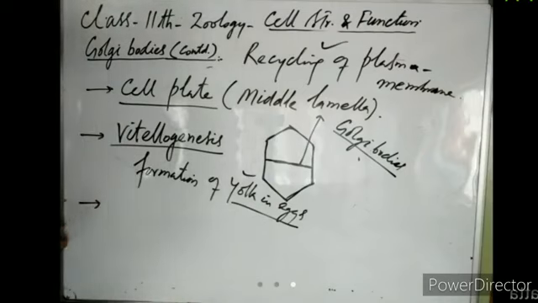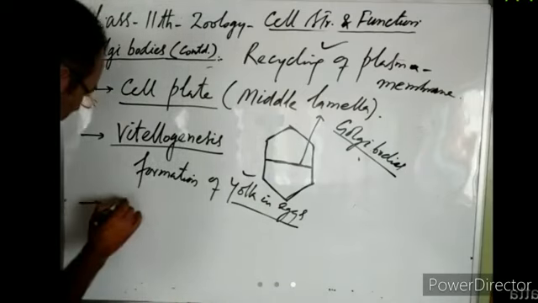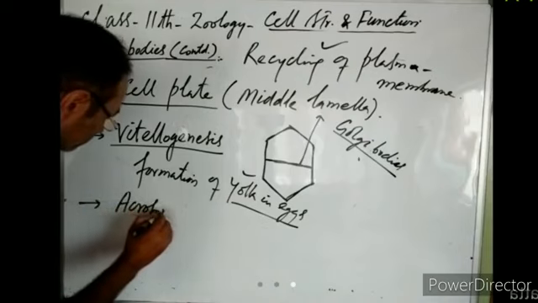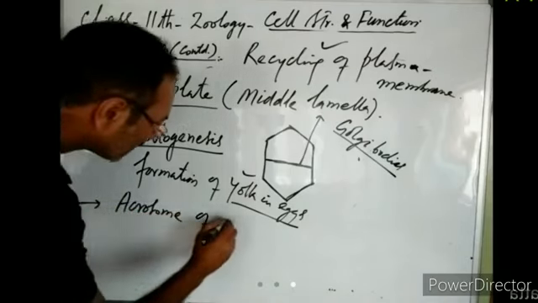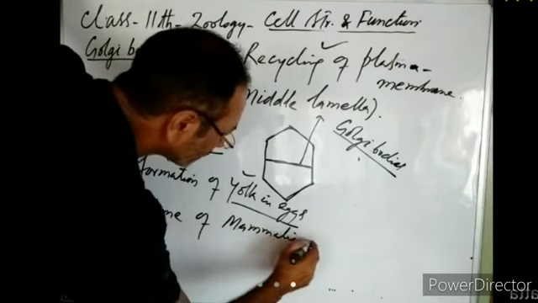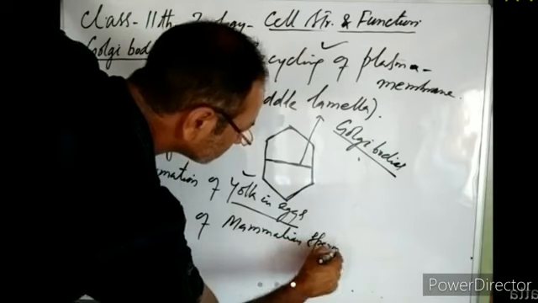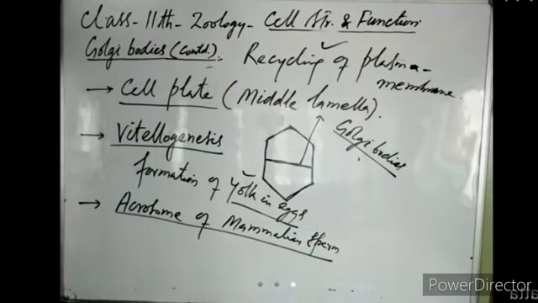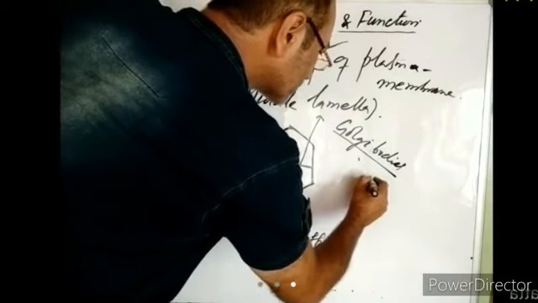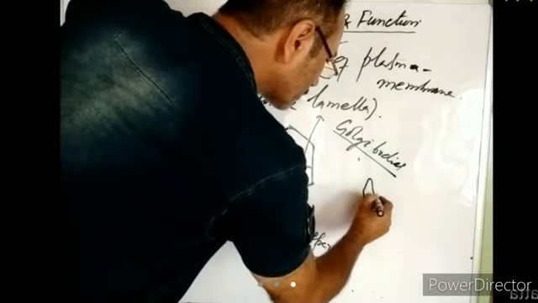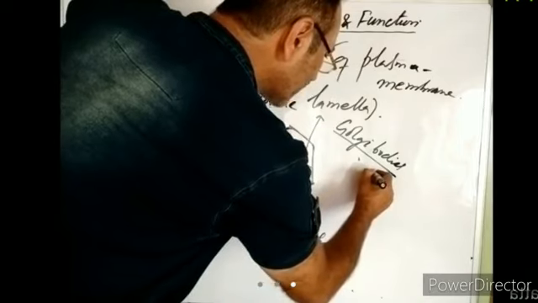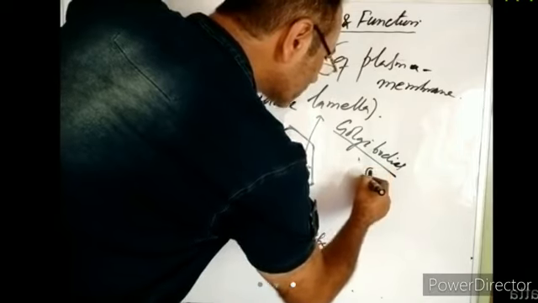Similarly, the Golgi body is also involved in formation of the acrosome of the mammalian sperm. You know, a mammalian sperm has a head. In the head, it possesses a nucleus containing chromosomes. Then on the top of the nucleus, there is a granule which is surrounded by a membrane.